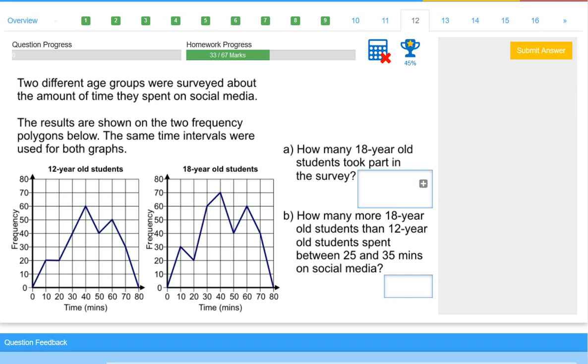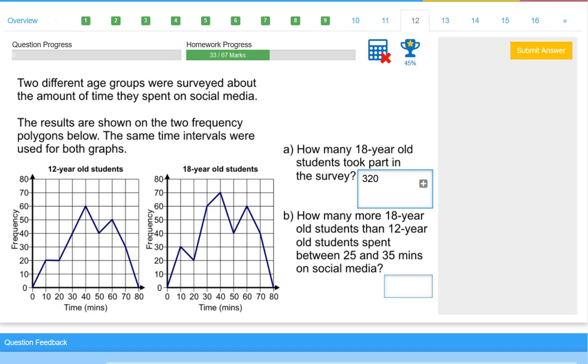So how many students took part in the survey? Well, it's going to be 30 at 10 minutes, and 20 at 20 minutes, and 60 at 30 minutes, and then 70. And basically, I'm going to add up all of those values. And when I do that, I find that there were 320 18-year-olds.